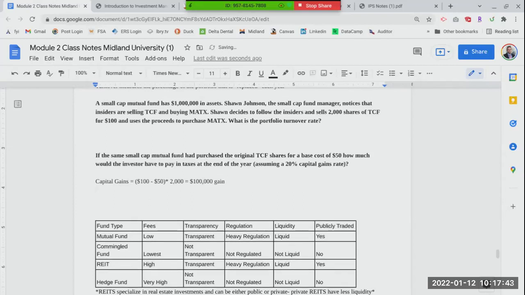And now our capital gains tax equals our $100,000 of gains, times our 20% capital gains rate. Right, so that would be $20,000, right?